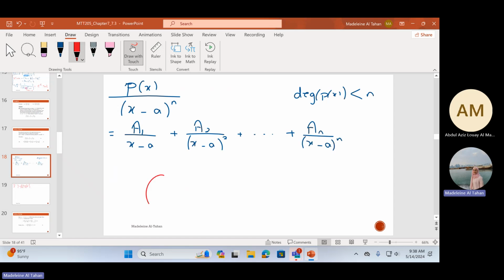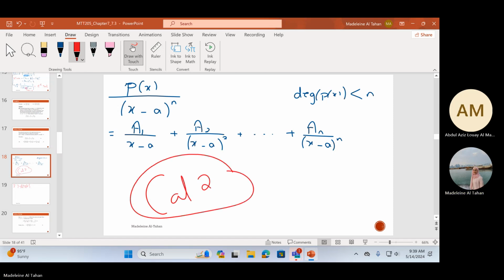This one is calculus. Okay, write the formula and apply it for the previous exercise that we wrote. The Ai are constants to be determined.